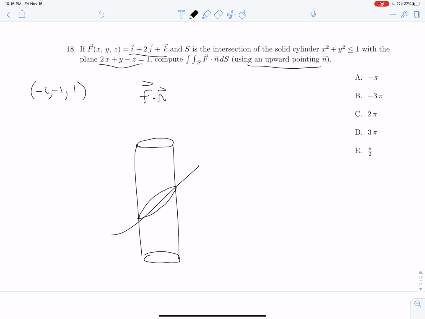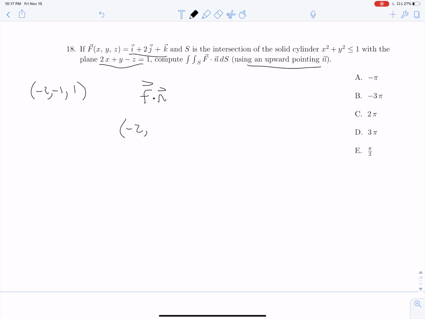Well, F is just 1, 2, 1. So -2, -1, 1, dotted with 1, 2, 1. Well, that's just going to be -2 minus 2 plus 1, which is -3. And so we don't have any variables in here.